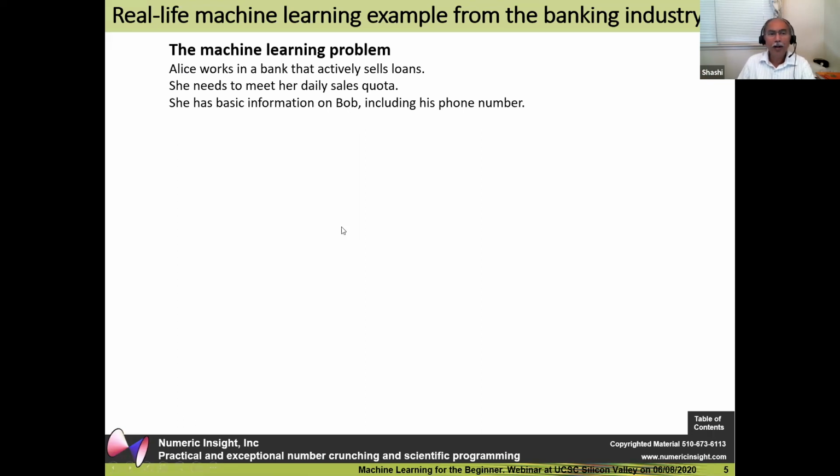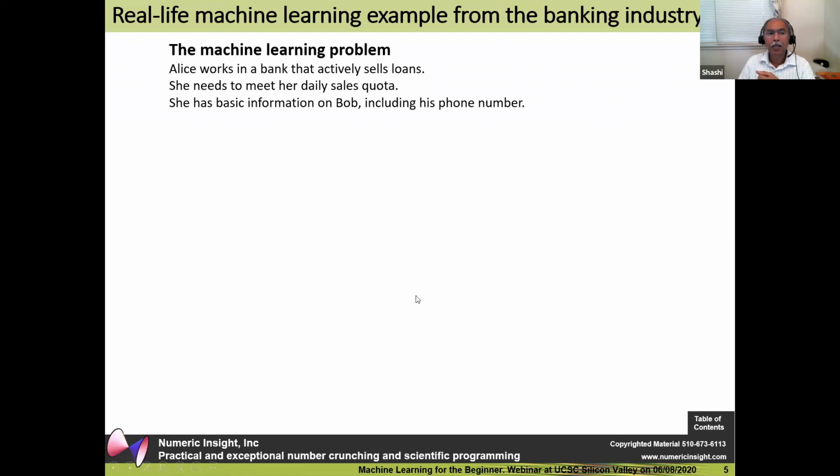So she calls you and asks you, hey, we have got this great home equity line of credit, and you are such a great customer. So I think you'll be really benefited by this. So she tries to sell a loan, a home equity line of credit, for example.